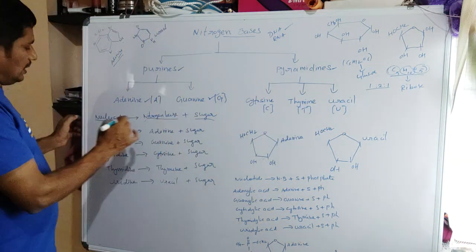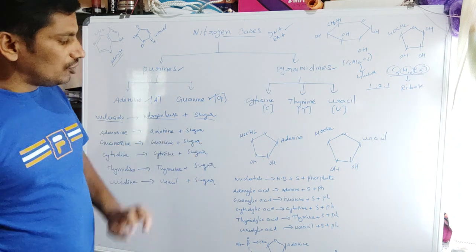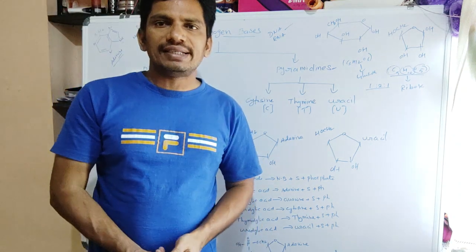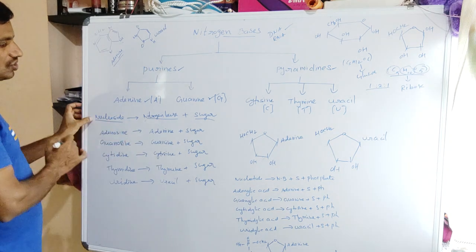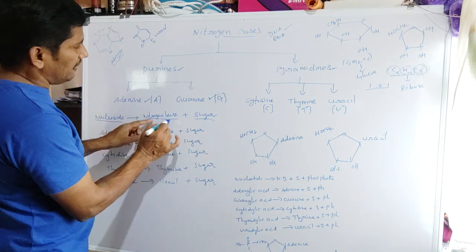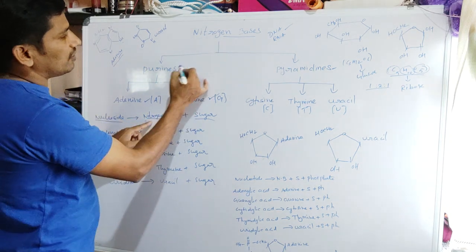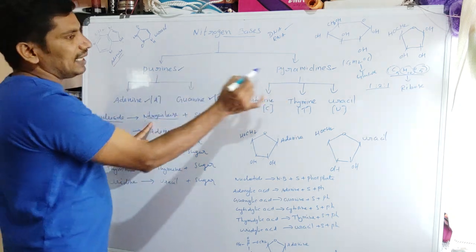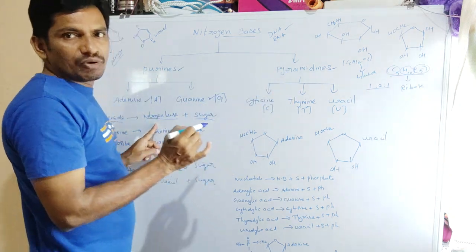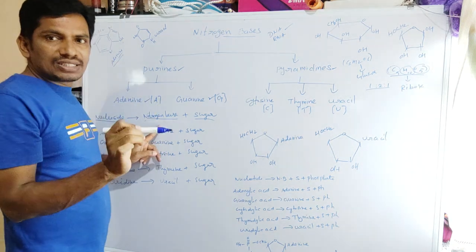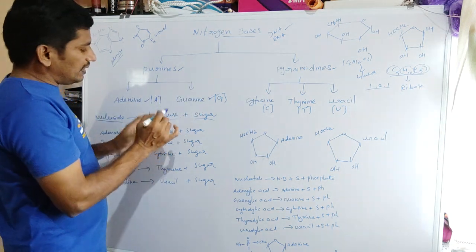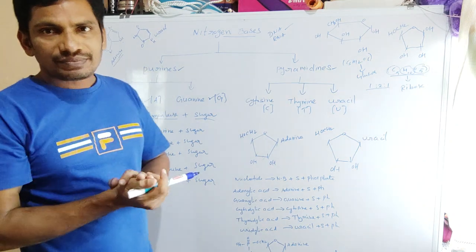So here, nucleoside and nucleotides. Here see, nucleoside consists of one nitrogen base. Purines and pyrimidines are the nitrogen bases. Nucleoside consists of any one of the nitrogen bases plus sugar.